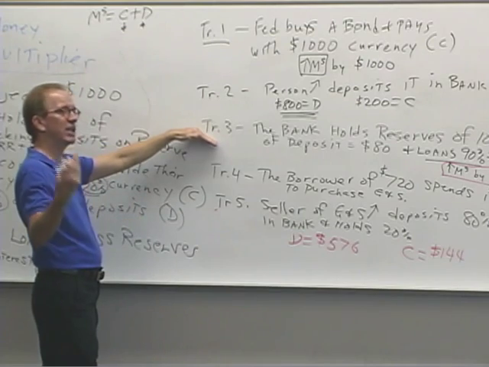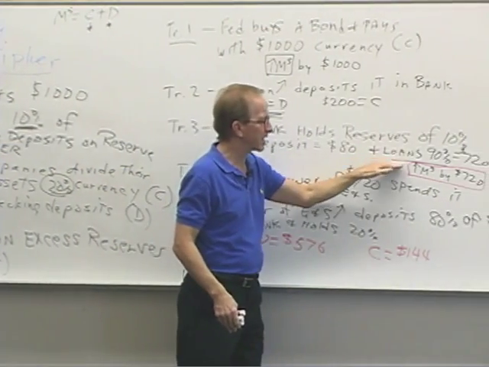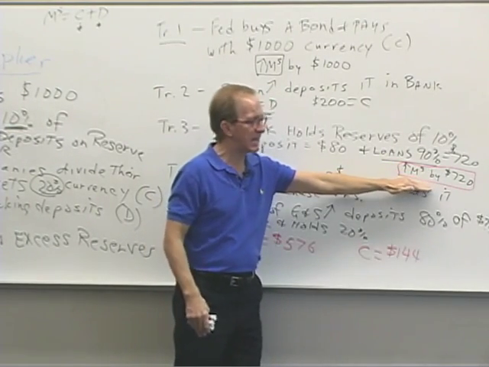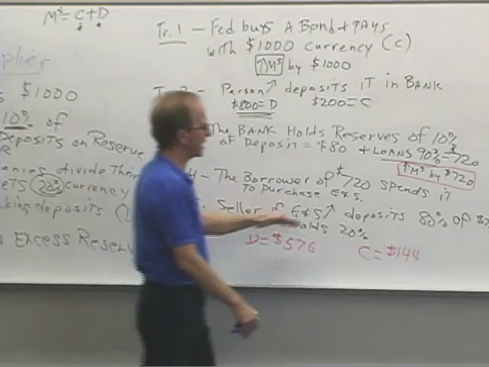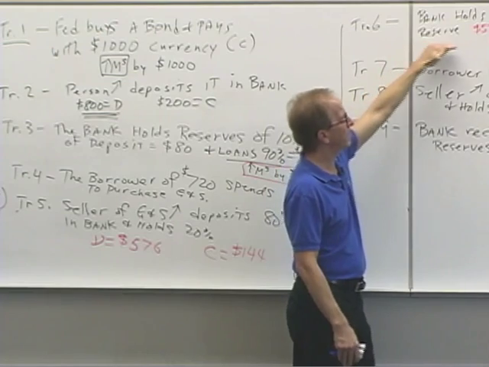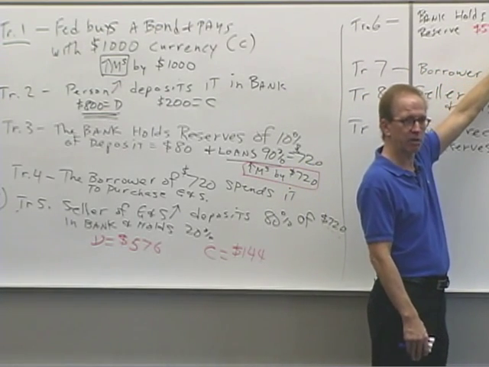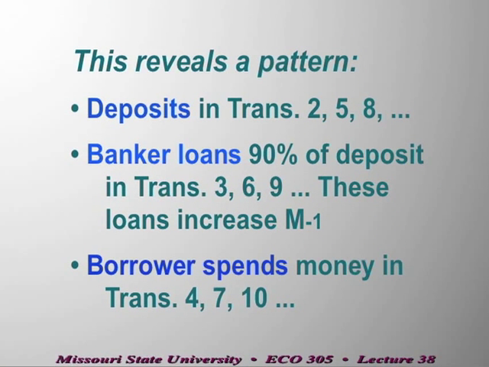The banker that received that deposit holds some reserves at 10% and makes a loan of 90%, and that loan increases the money supply. And if we jump 3 transactions ahead, a bank receives a deposit, holds some on reserve, and makes a loan of 90%, and that increases the money supply. And now we've got transaction 9. A bank receives a deposit, holds 10%, makes a loan of 90%, increases the money supply.